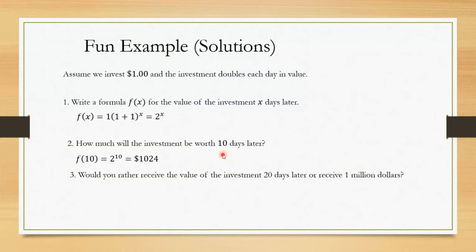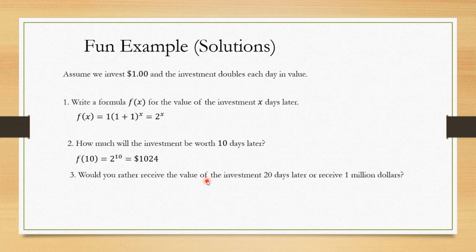All right, that's good. And now this is another question I thought would be fun: would you rather receive how much you get after 20 days or take $1 million now? Really what I'm asking is, which is larger, f of 20 or $1 million?